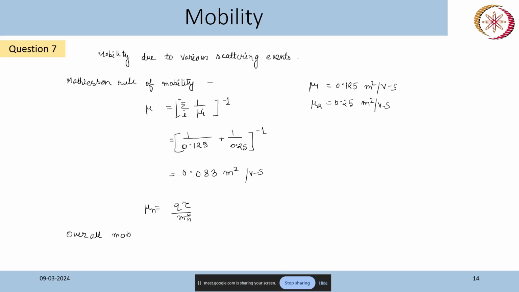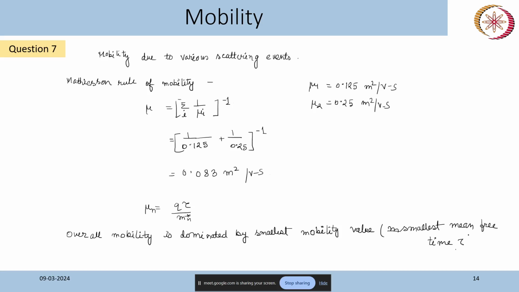Overall mobility is dominated by the smallest mobility value, that means the smallest mean free time. So this is about Matthiessen's rule of mobility.